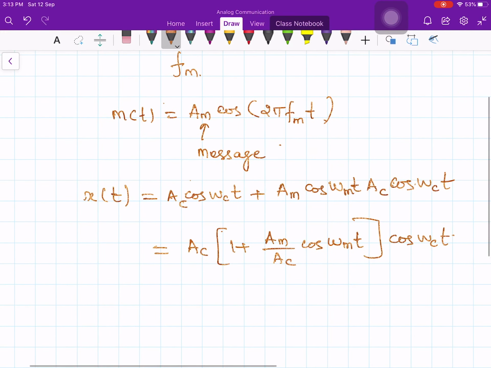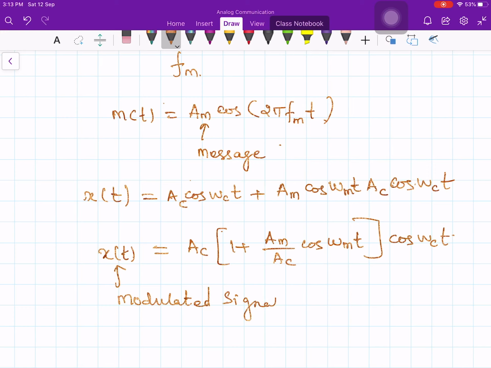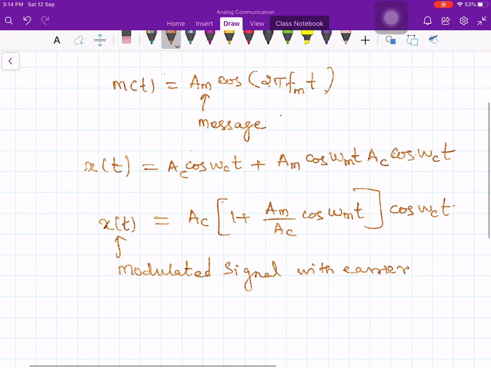Now this is the modulated signal in the general form. Modulated signal with carrier. So that is AM signal with carrier. If you want the envelope of the signal to follow the message waveform, what should be the condition?